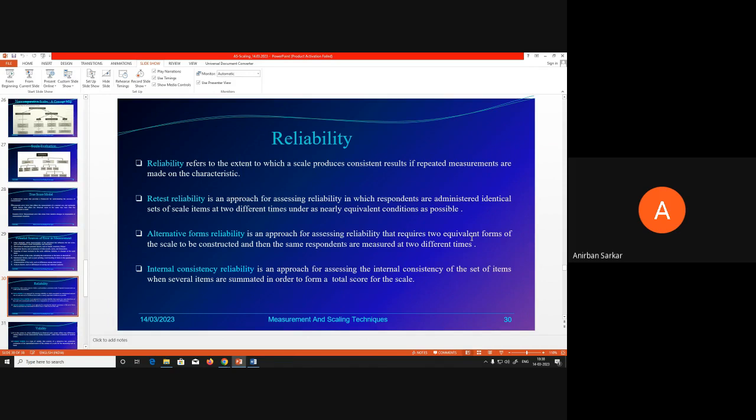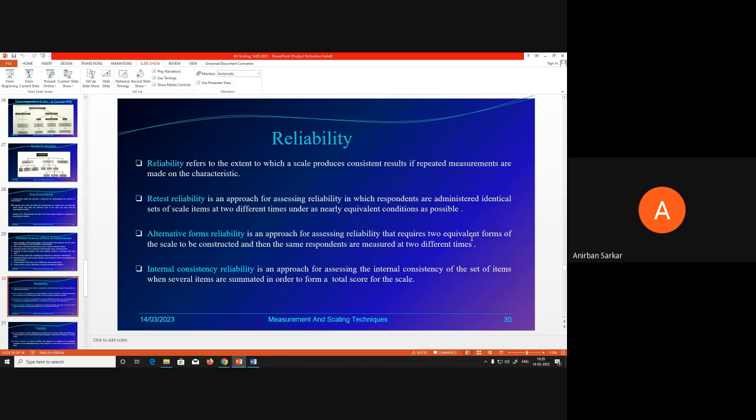And internal consistency reliability is of two types. One is split half reliability and the other is the coefficient alpha or the Cronbach alpha. In SPSS we use Cronbach alpha, and the Cronbach alpha should range between 0 and 1, and if your Cronbach alpha is more than 0.7, you can say that your result is highly reliable.